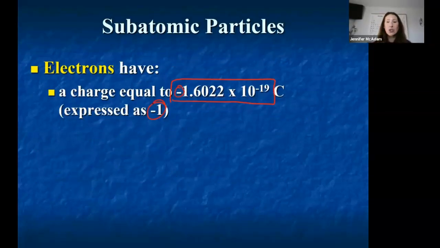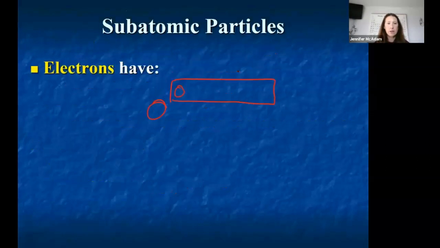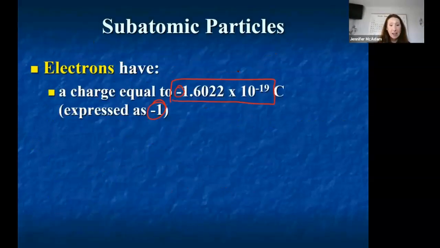So we call the electron's charge -1. So I'm going to go back here. Okay, so protons again, positive, same charge, you don't need to know the numbers. Electrons, negative.